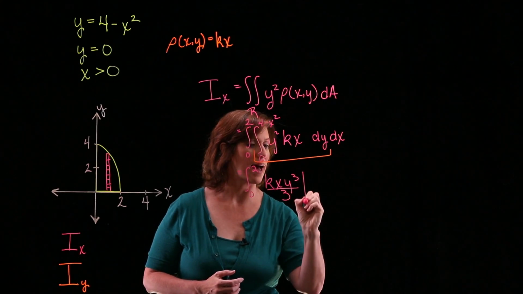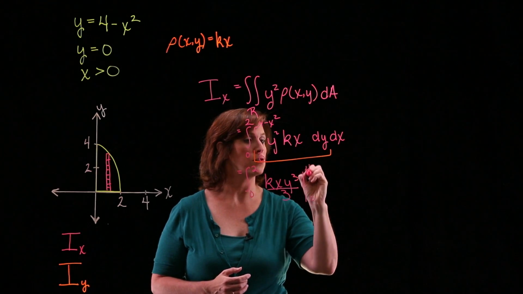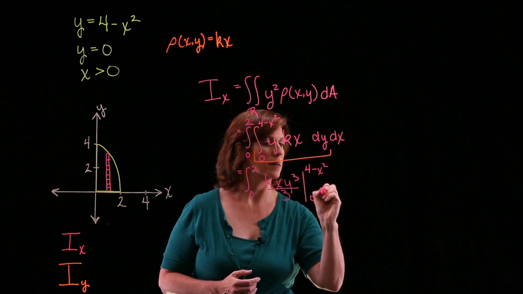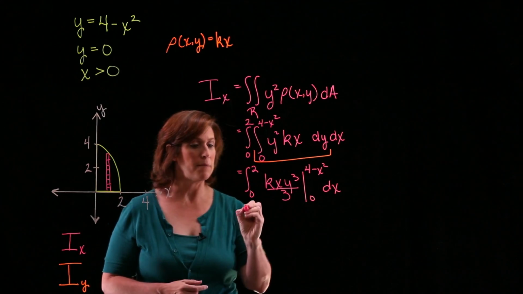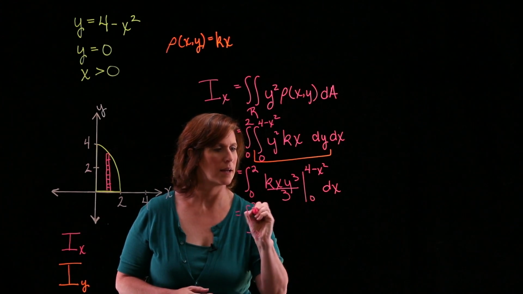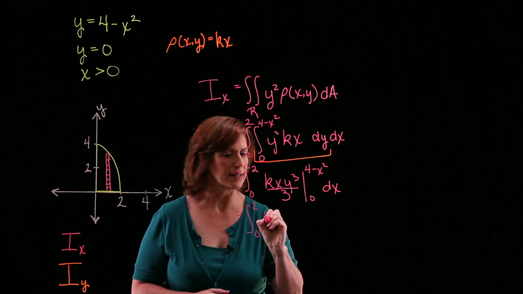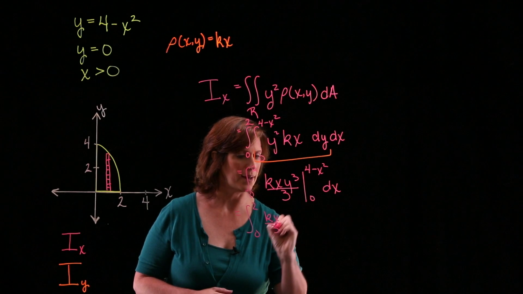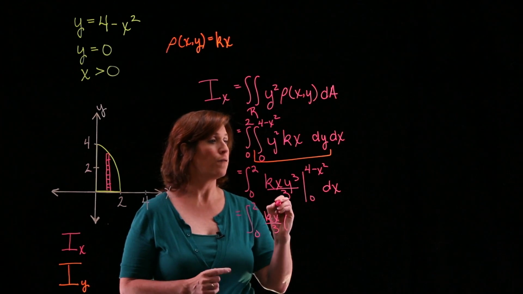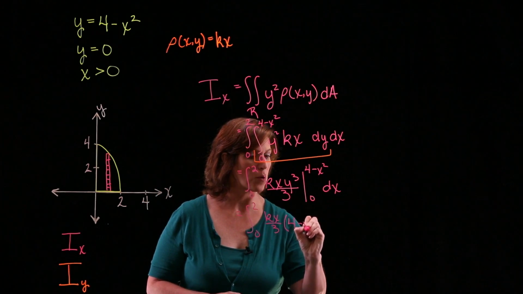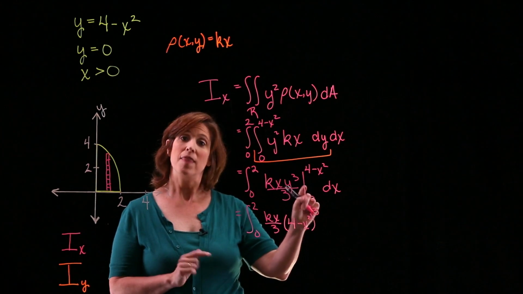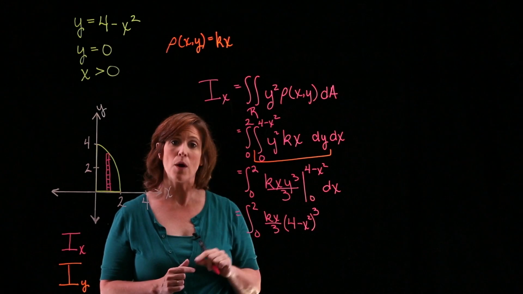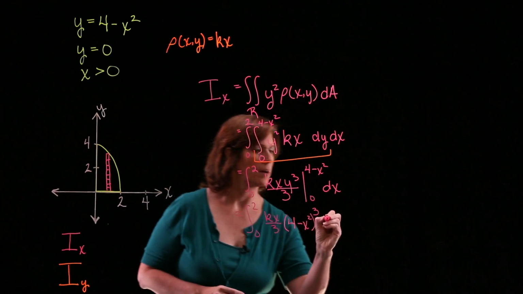And I'll evaluate that from 0 to 4 minus x squared, dx. Plugging in my upper limit, I'm going to have kx all over 3 times 4 minus x squared, that quantity, to the third power. Then I have to subtract what happens when I plug 0 in for y, but that's just a 0.